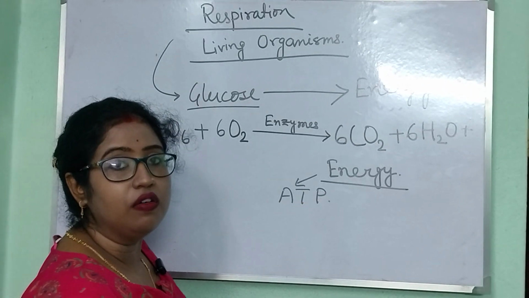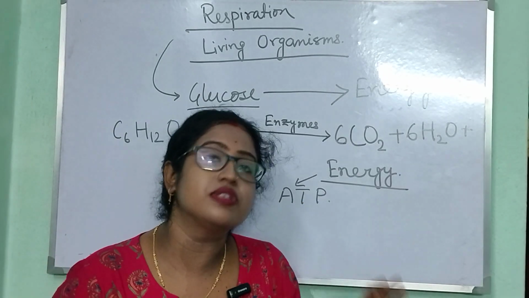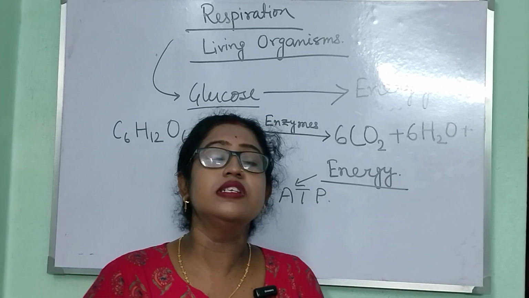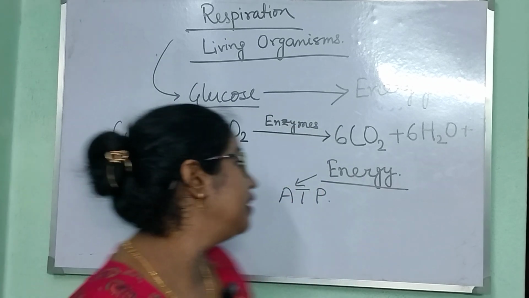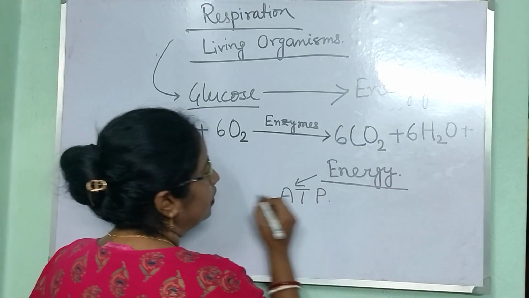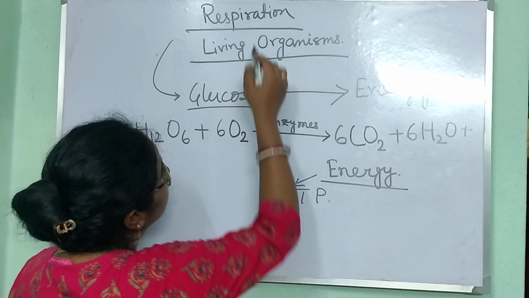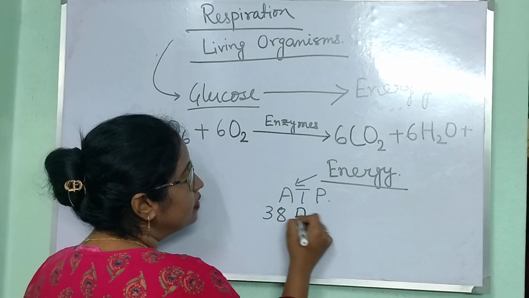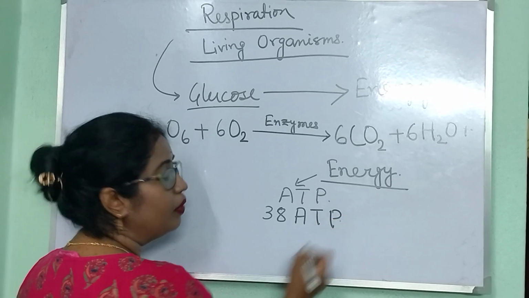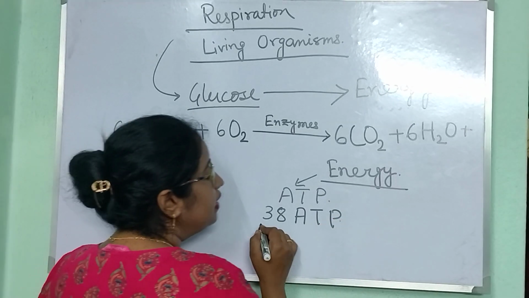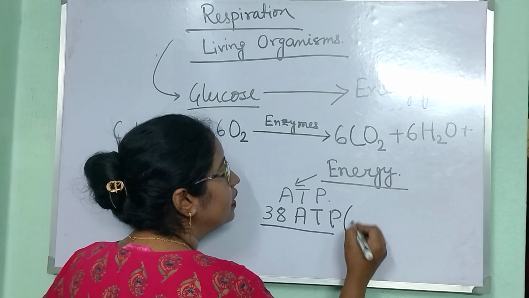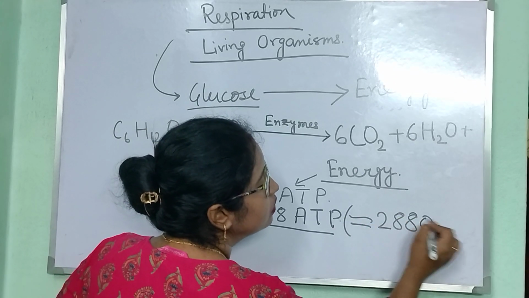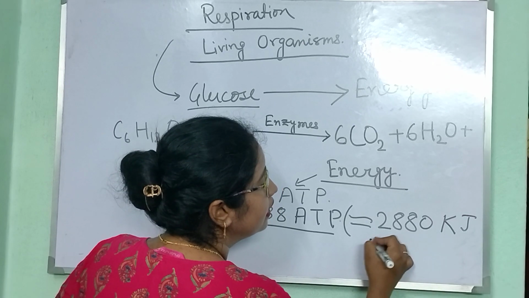In the case of the normal respiration process in aerobic condition, means where oxygen is present, 38 ATP are produced, and these 38 ATP contain about 2880 kilojoule of energy.